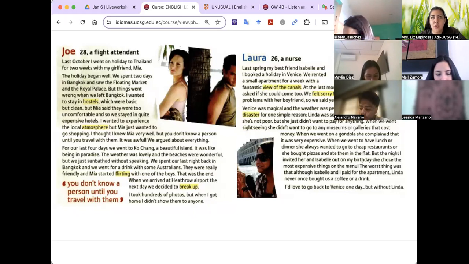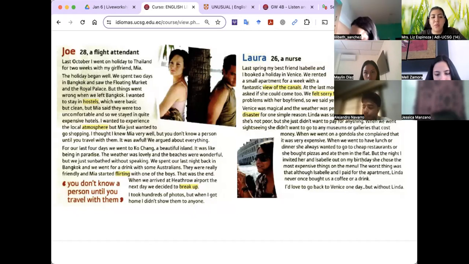Well, I actually don't know the definition, but in between, I think, right? The hostels. All right. What about atmosphere? The context says to experience the local atmosphere, right?